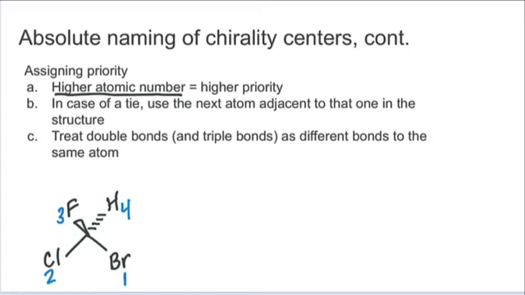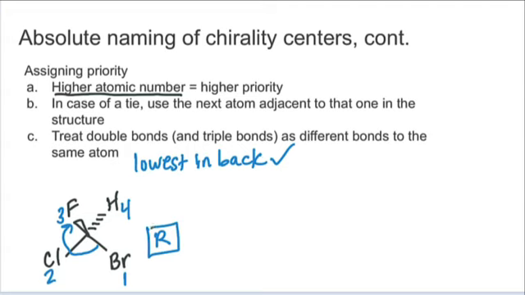We just make sure that lowest is in the back, and it is. And so we can continue with the process of rotating from group 1 to 2 to 3, and we see that this would be a clockwise direction, and this is an R stereocenter.